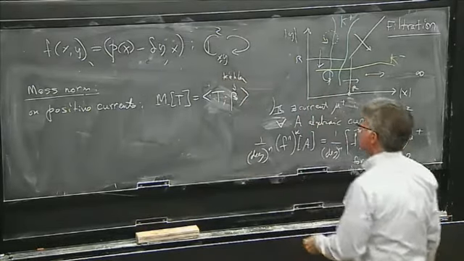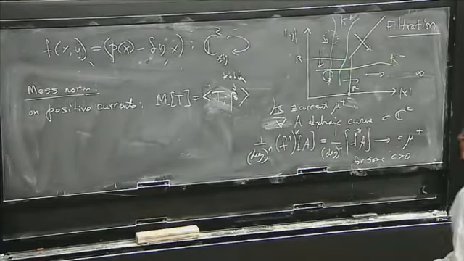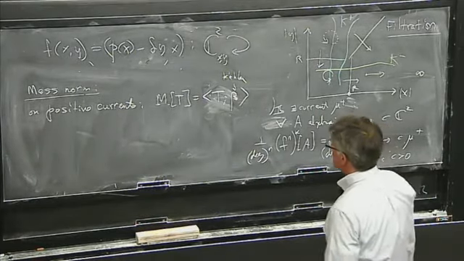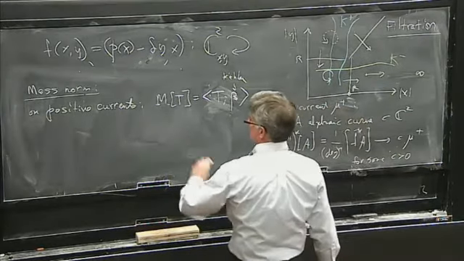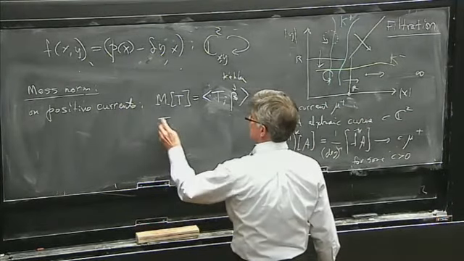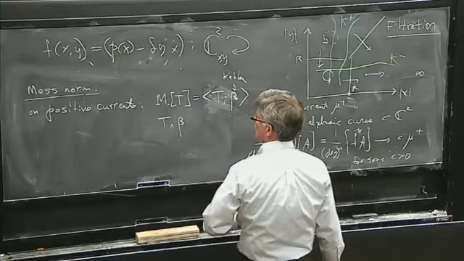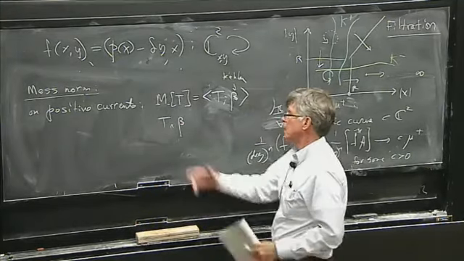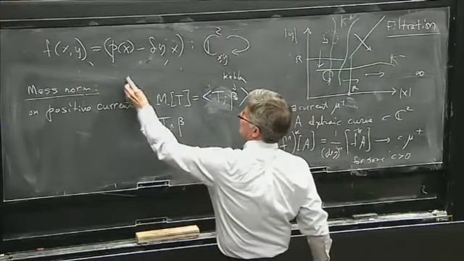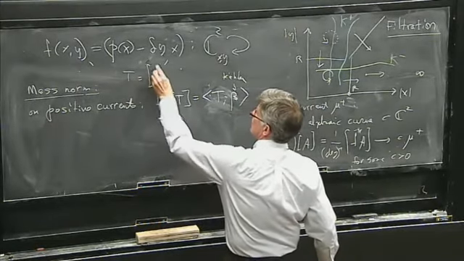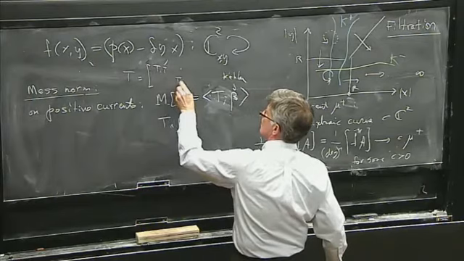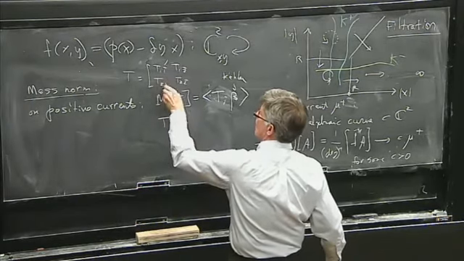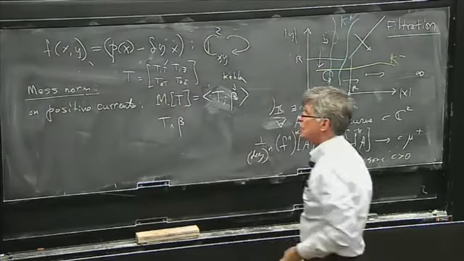Okay. Now what do I want to take for my Kähler form? Oh yes, and if I take T and wedge it with beta, I can think of T as a matrix, a matrix of distributions.